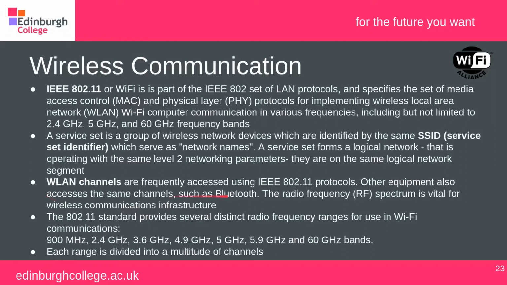Wi-Fi can be divided up into channels. These channels are just a division of the frequency. And the 802 standard provides several distinct radio frequencies. So there are standards within standards, and the two most common frequencies we use are 2.4 and 5 gigahertz.